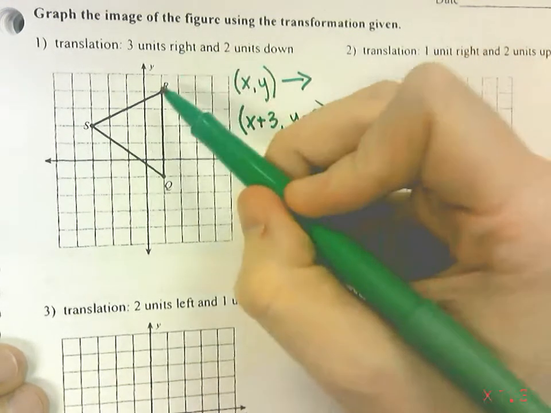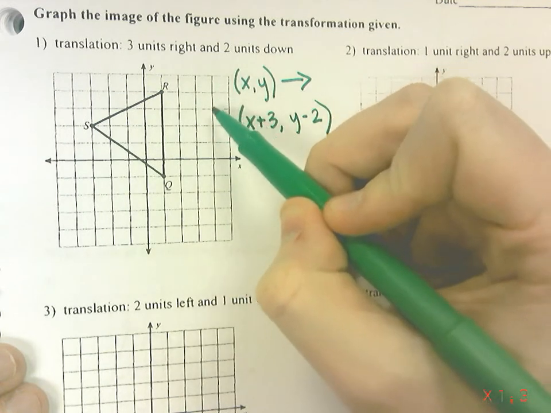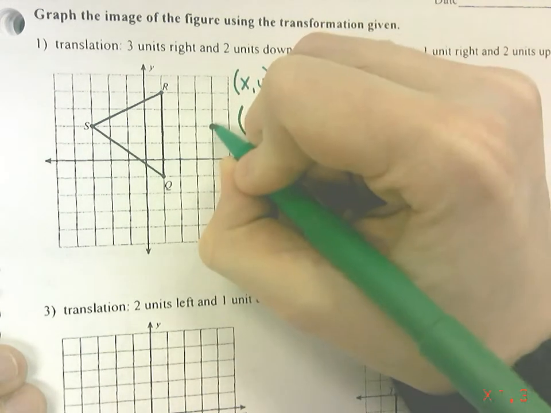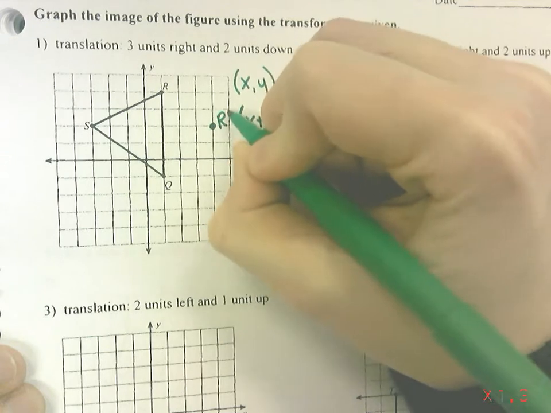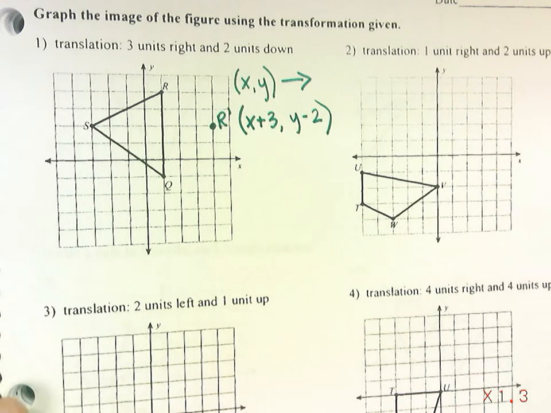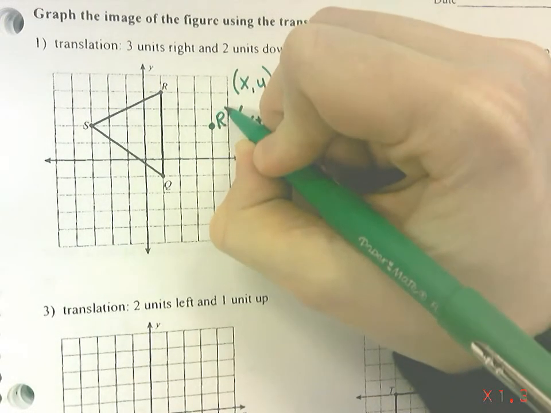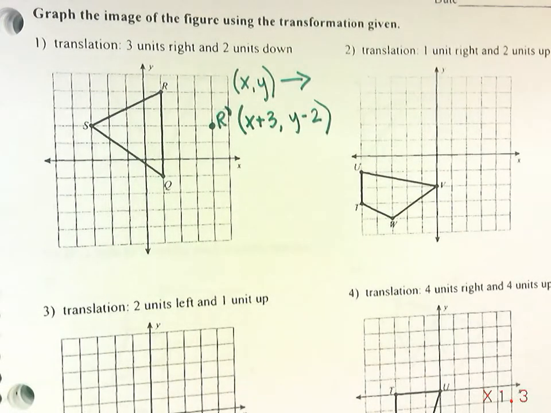So I'm going to start with R, and I'm going to go 3 units to the right and 2 units down. And then that's where my new R is going to be. Now, when it's a transformation of any type, on the second shape, you put this little apostrophe right after the letter. That's called prime.